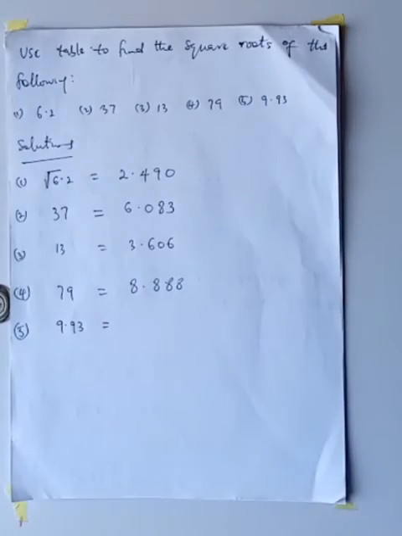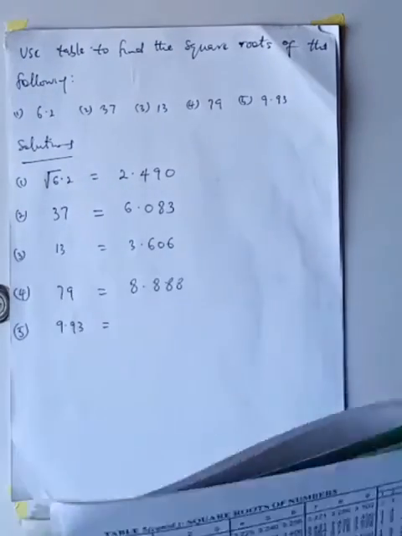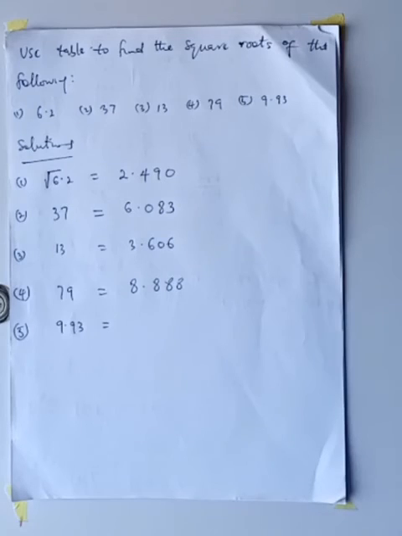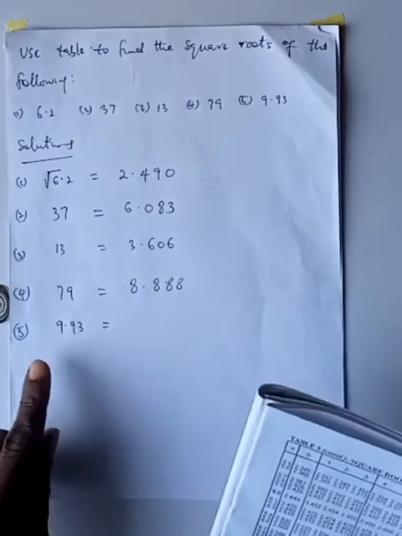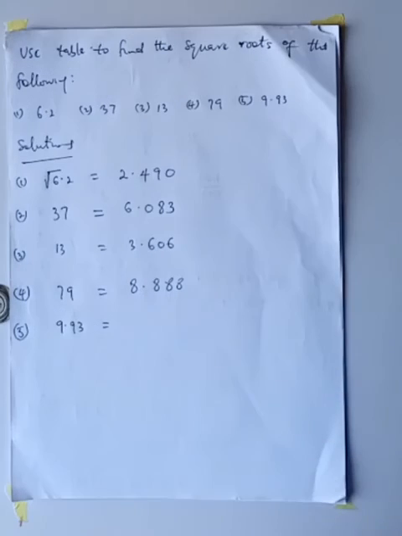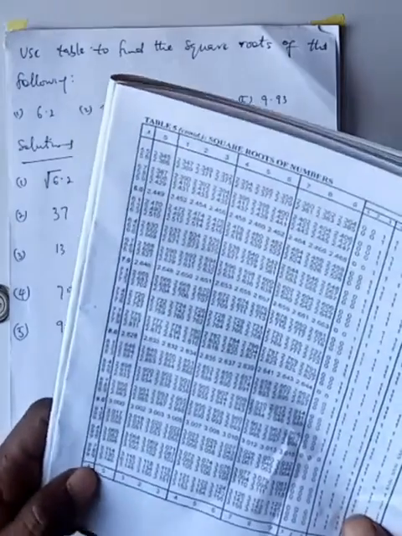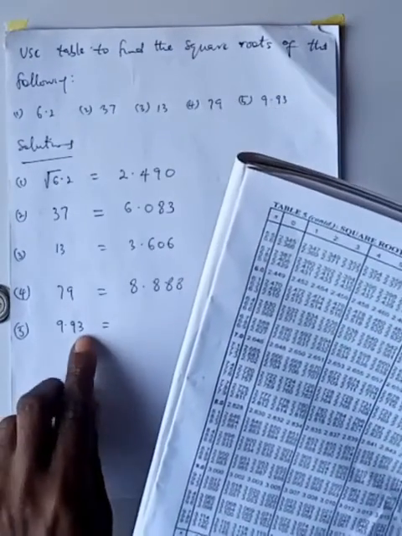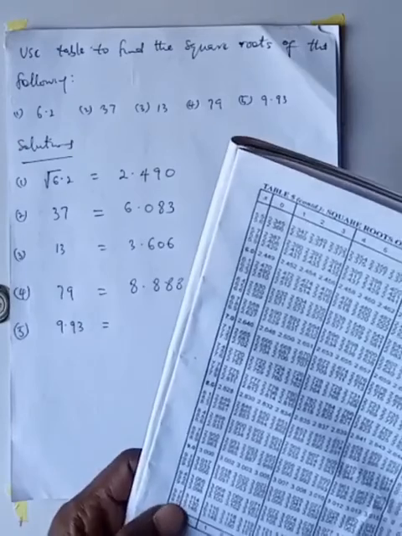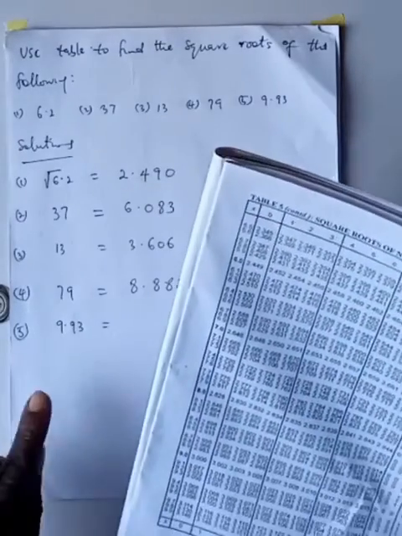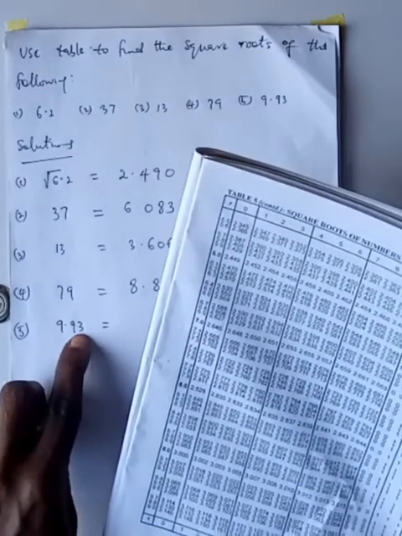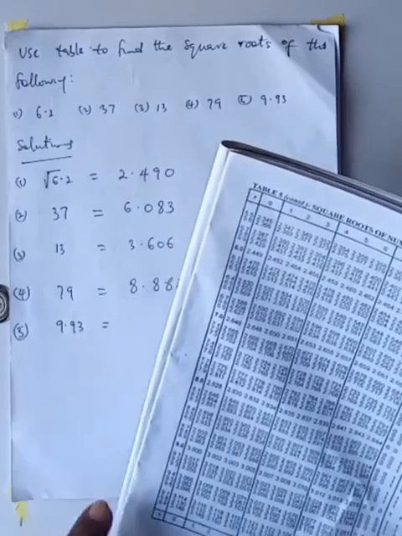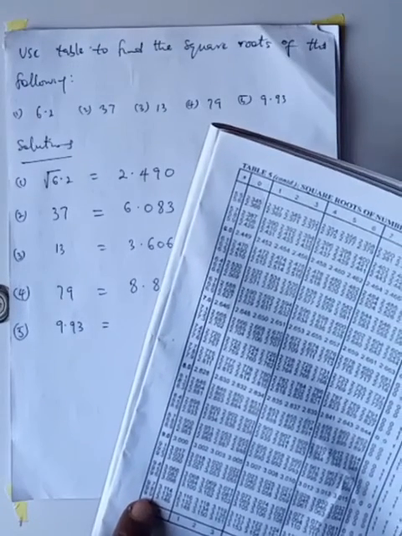Now we can see this is a case of decimal number. So we have to shift our attention back to the one that deals with what? The decimal number. Now I have 9.93. The basic thing is the first 2 digits. Now I will look for 9.9. Now this is my 9.9. But since I have additional number, so that means the value of 9.9 I need is going to be under that additional value of what? Additional number, which is 3. That is now going to be 9.9 under 3.